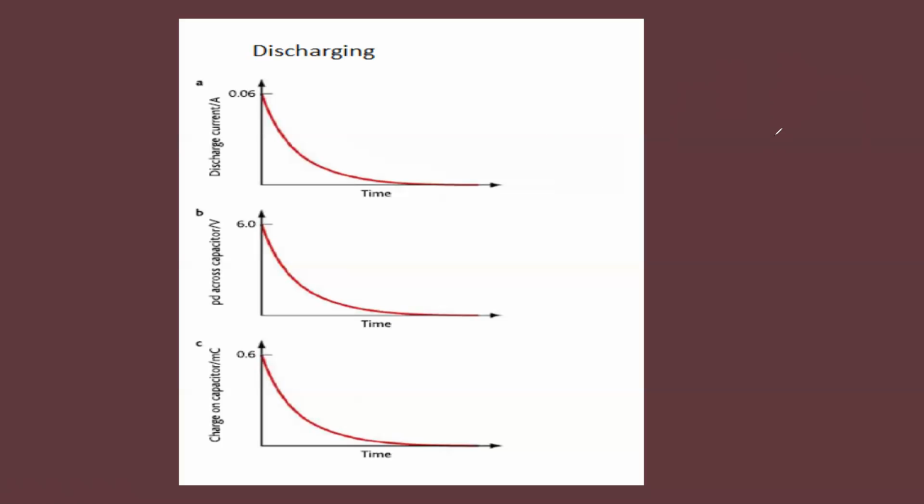In the same way, the potential or the voltage across the capacitor will also decrease. Say your parallel plate capacitor had a voltage of 6 volts, and you connect a lamp, or say you connect a resistor and a lamp, because the capacitor stores and transfers its energy to the component.